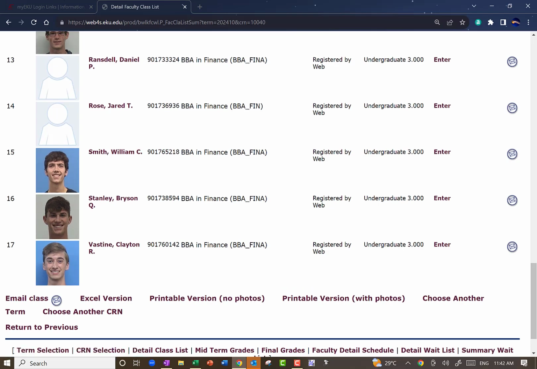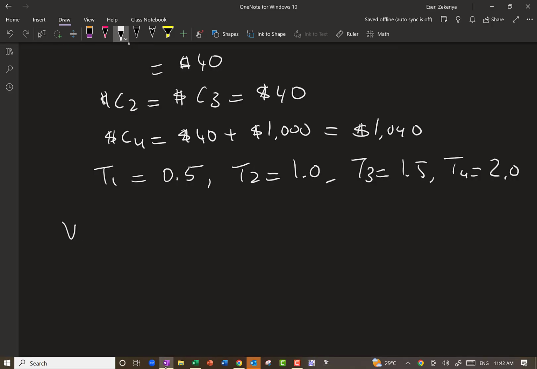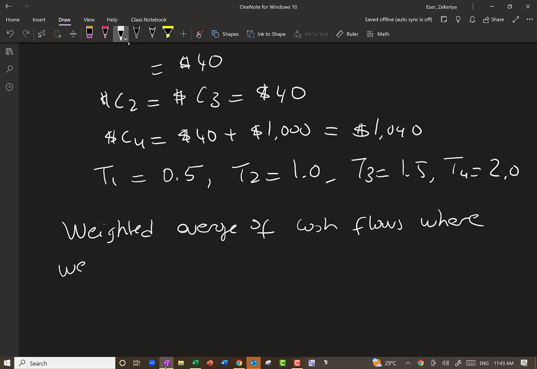Of cash flows where weights are present value of those cash flows.